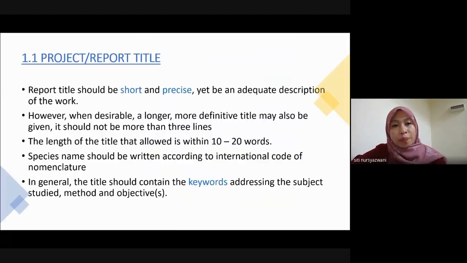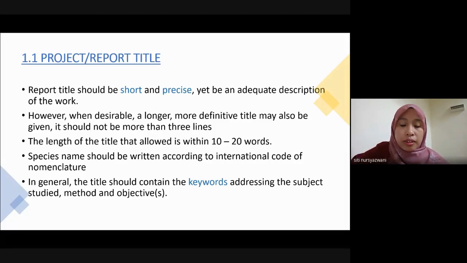Okay, so now we go for the first main topic, which is project or report title. The report title should be short and precise, yet be an adequate description of your work.